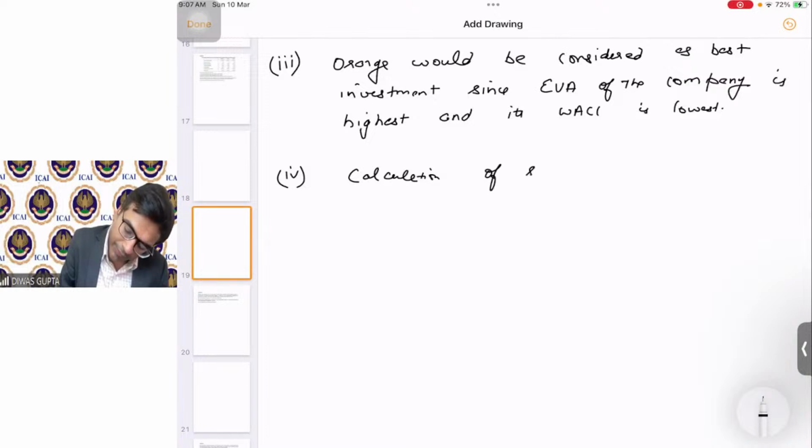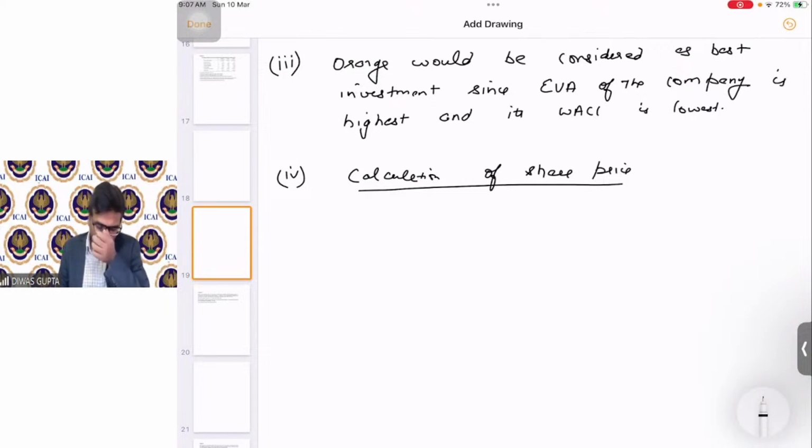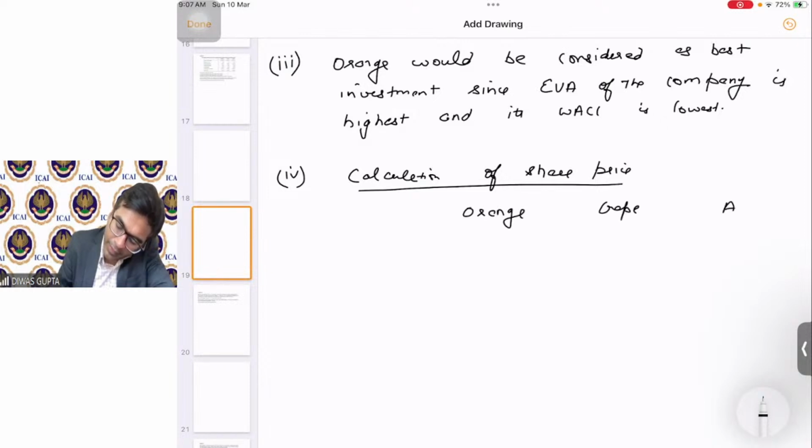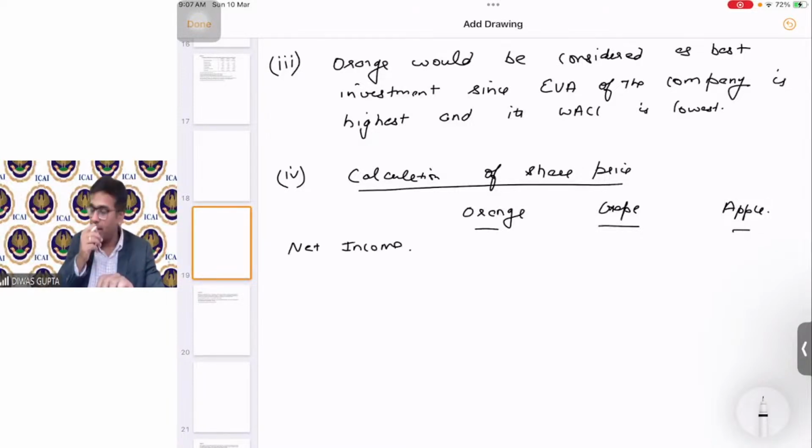Calculation of share price. Again, here it will be orange, grapes, apple. So for these three companies, the net income was how much? That is given in the question, students, which is PAT, right? Net income is PAT 8,970, 12,350 and 14,950.